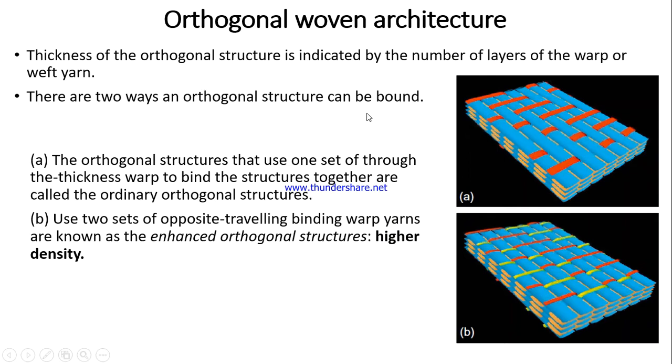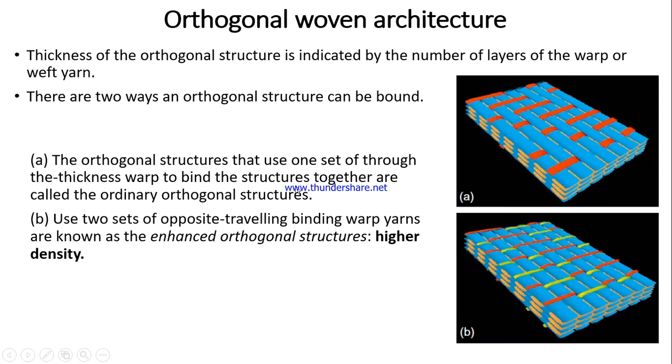There are two ways the orthogonal structure can be bound, or integrated. The orthogonal structure that uses one set of through-the-thickness warp to bind the structure together is called an ordinary orthogonal structure. This is type A, where one set of through-the-thickness warp is used to bind the structure.